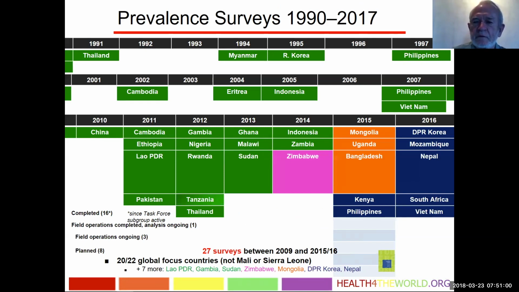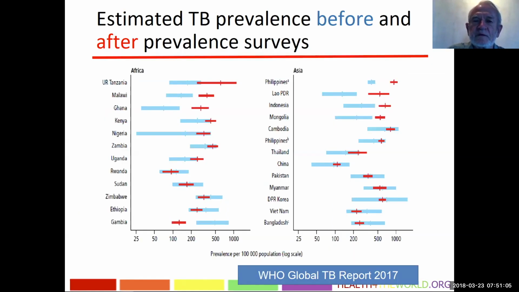So first, as stated in the problems identified, these prevalence surveys have shown that there is considerably more tuberculosis in many countries than has been estimated. These are two panels representing prevalence studies done in Africa on the left and Asia on the right.